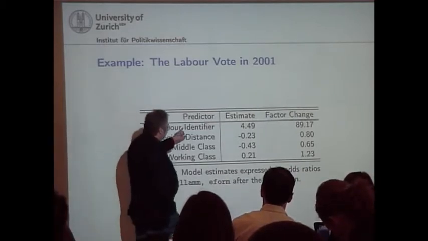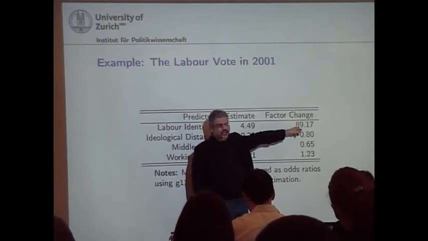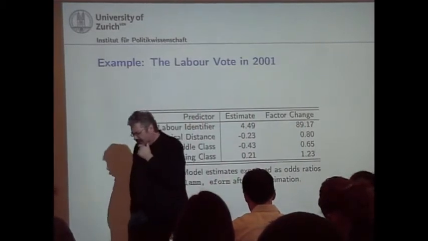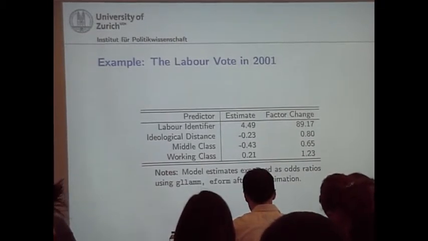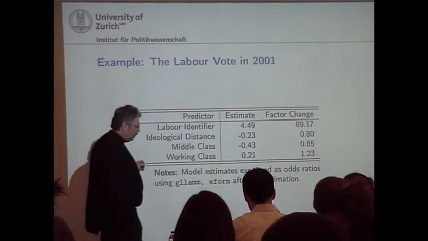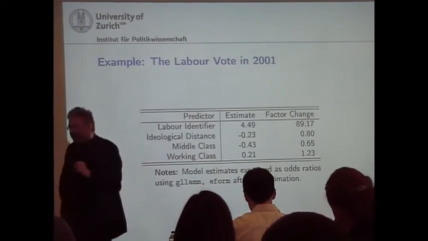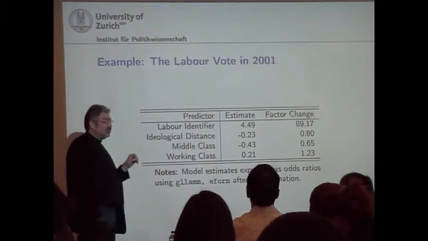Well, this Labor identifier has an enormous factor change associated with it, but it's not so surprising. It suggests that compared to people who don't identify with the Labor Party, the odds of people who do identify with the Labor Party voting for that party are 89 times higher.